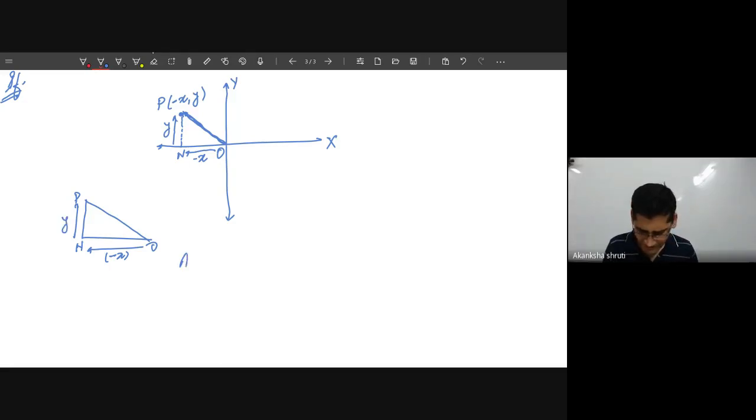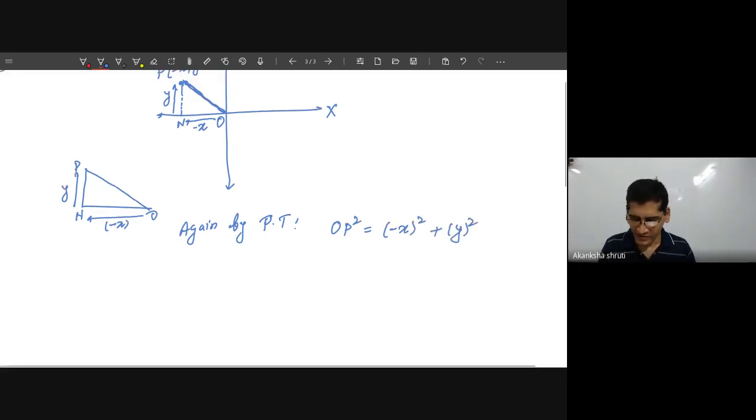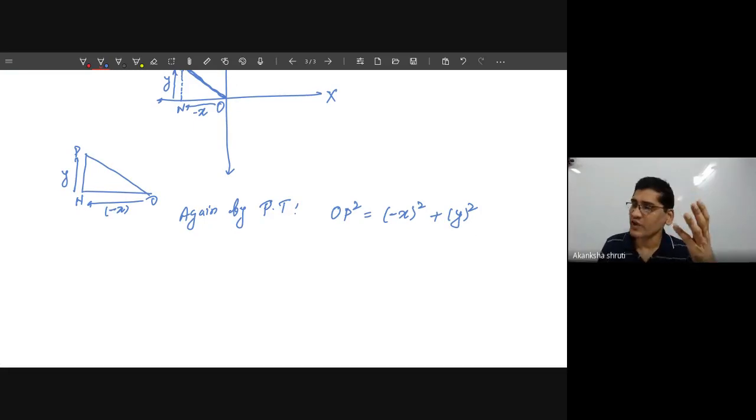So again, by Pythagoras theorem, OP square equals minus x square plus y square. Student, whether 2 square or minus 2 square, it is always 4.